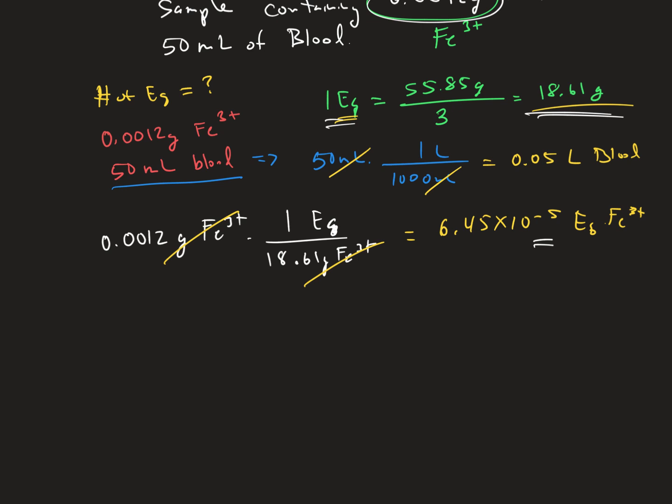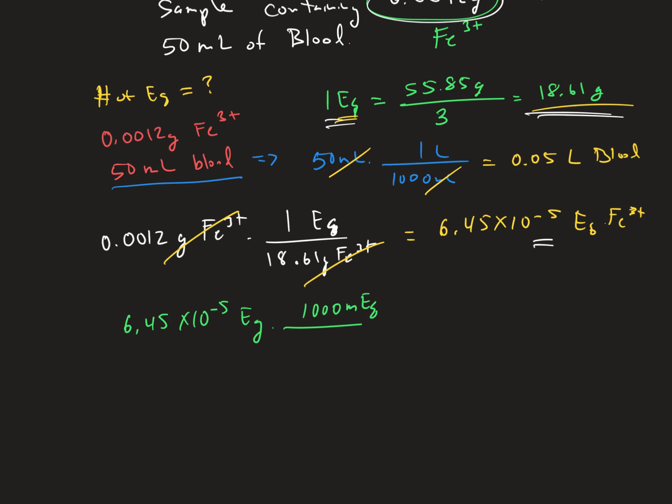So if we wanted it in, let's say, milli equivalents, 6.45 times 10 to the negative 5 equivalents, and we want to go to milli equivalents, what goes on top? 1,000, just like milliliters, guys.